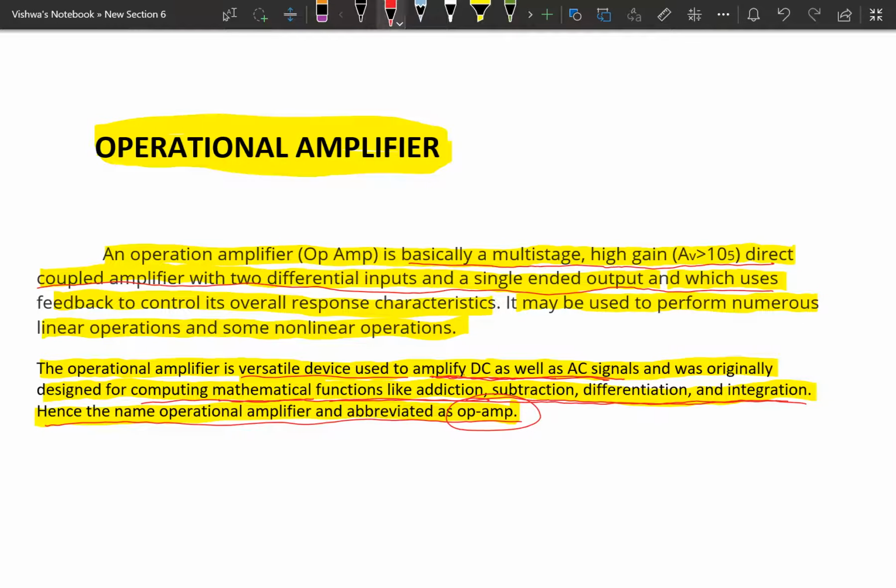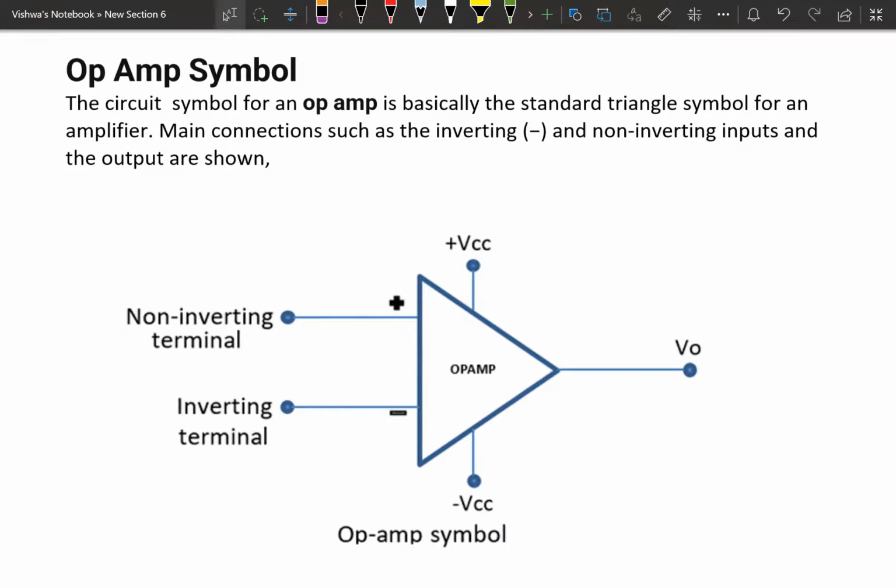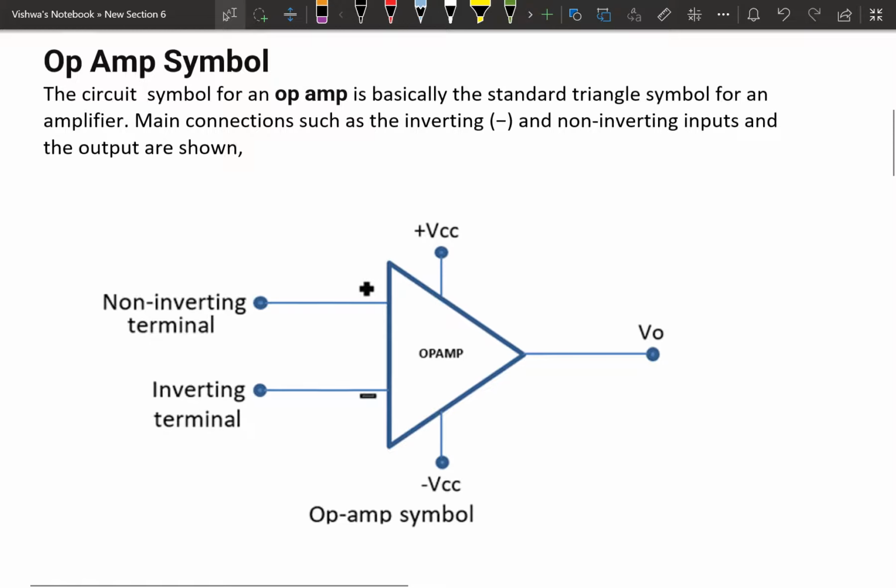Now let's see the operational amplifier symbol. The circuit symbol of op-amp is basically the standard triangle symbol for an amplifier. Main connections such as inverting, that indicates negative, and non-inverting inputs and the output are shown here.